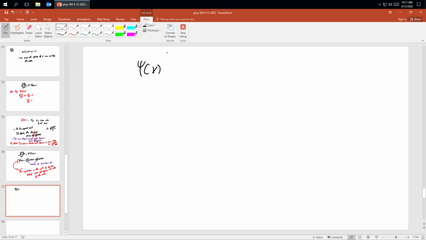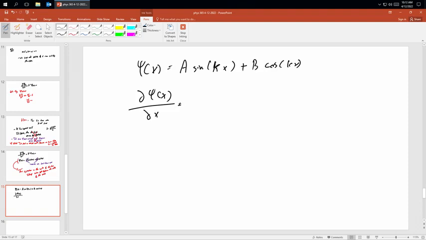So psi of x equals a sine kx plus b cosine kx. That means d psi of x over dx is going to equal what? Your first term is a, sine becomes cosine, kx, multiplied by k, right?